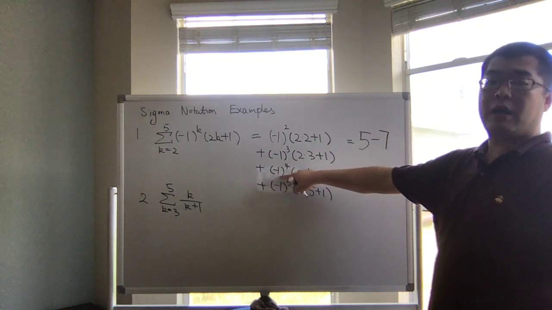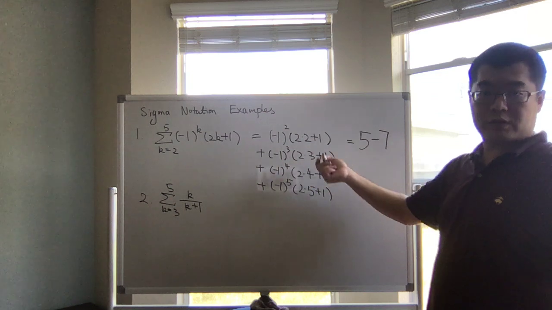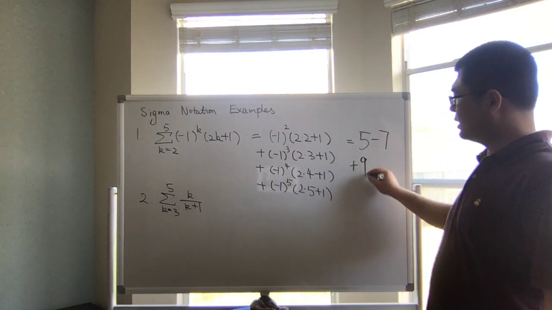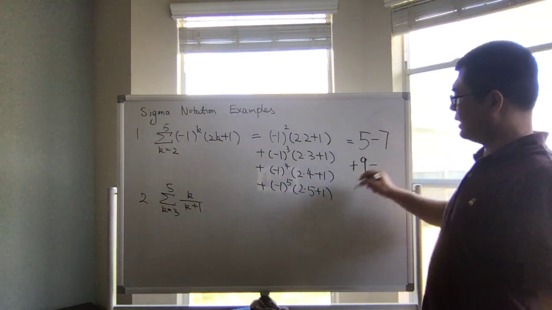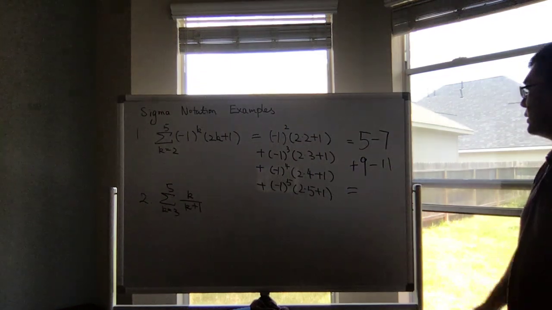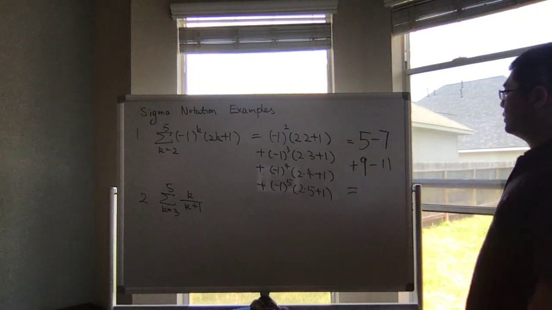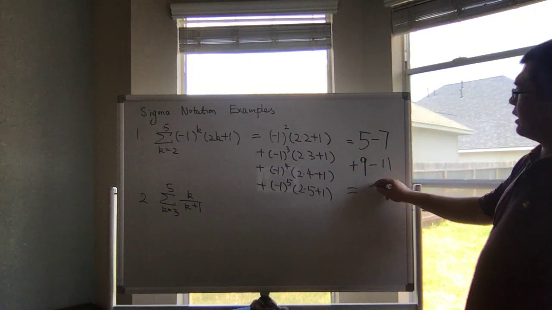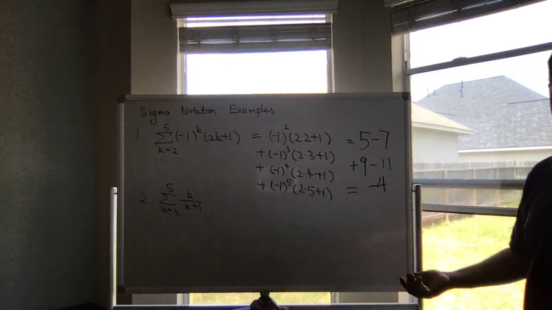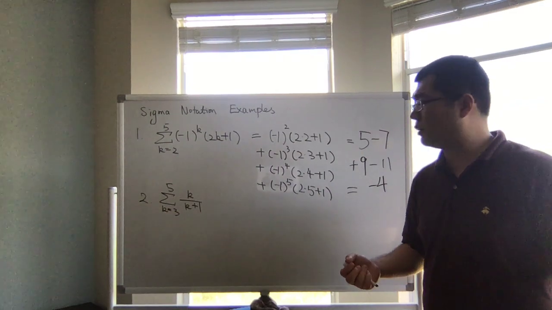And -1 to the power of 4 is positive, and inside you can calculate it's 9, so it's plus 9. And then the last one is going to be -11. Fairly easy, right, guys? So you're going to see that it's -4. So that's how we do this sigma calculation.